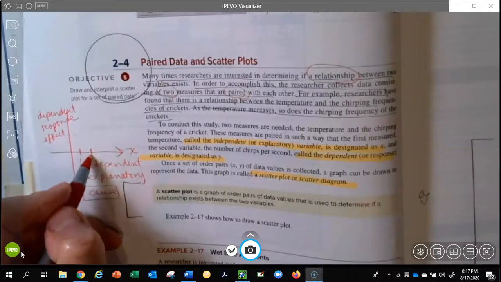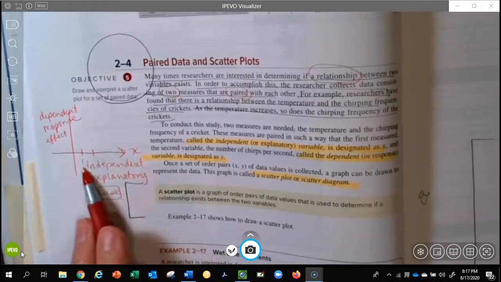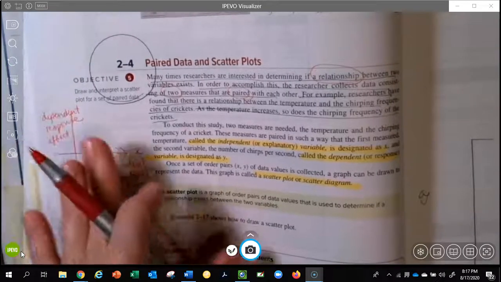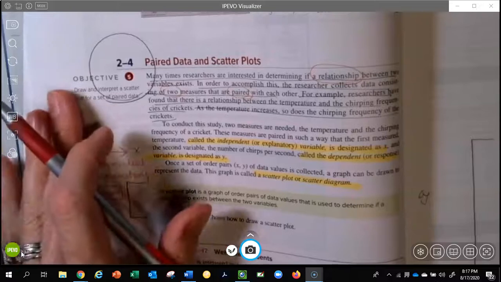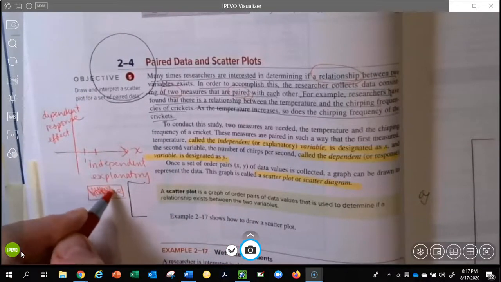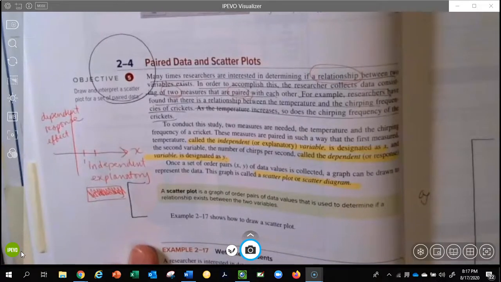If I use 2 gallons, I have gone. And so depending on what I do over here is going to impact, have a result, have a response with what's going over here. But this little sneaky word right here, we are not going to use that word unless we do what's called an experiment.